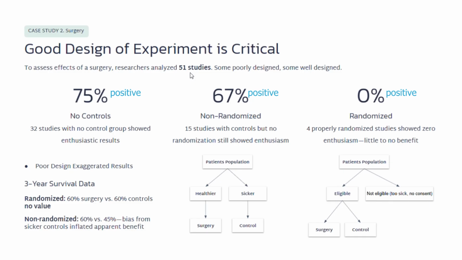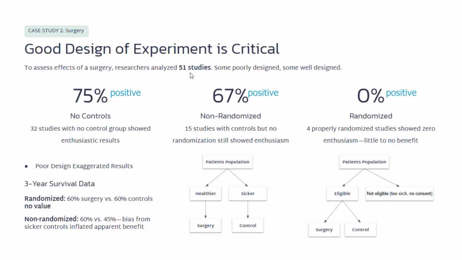That's why they concluded there is no value. But in the poor design of the experiment, they didn't do the randomization. Only 45% of the controls survived for 3 years, compared to the 60% of the patients in the treatment group. And based on this observation, they concluded that the surgery was positive.